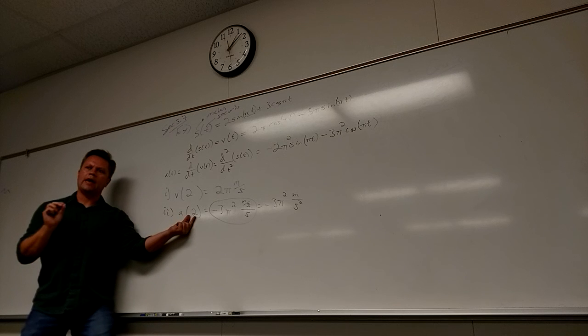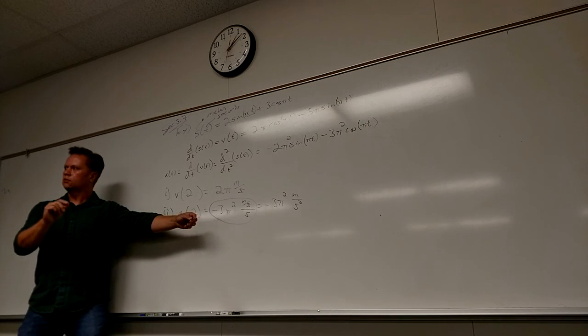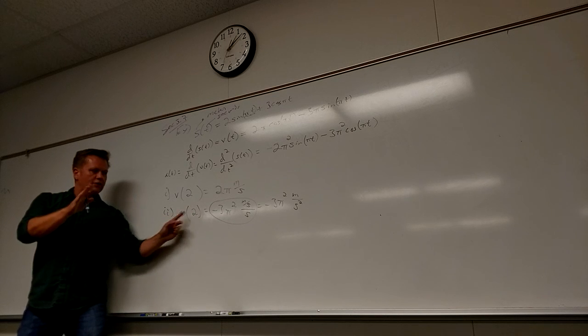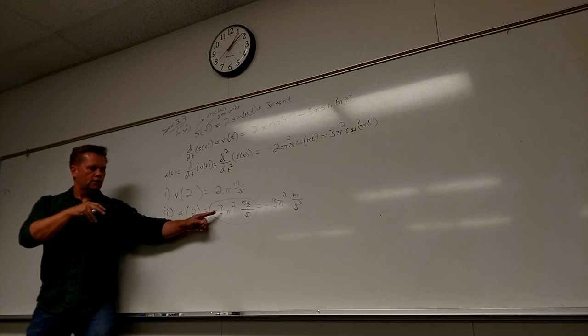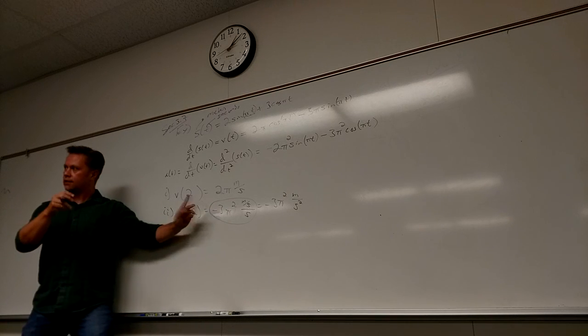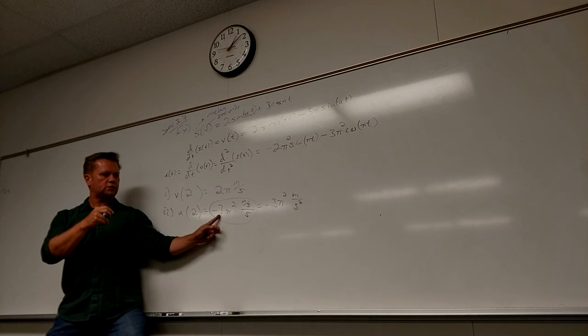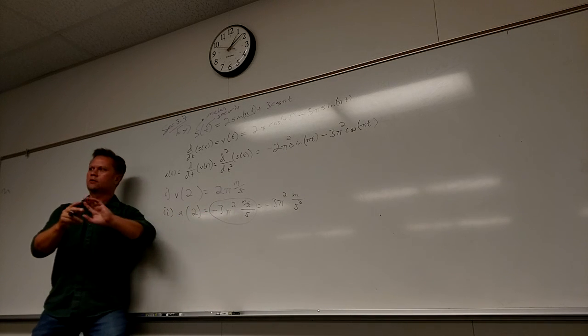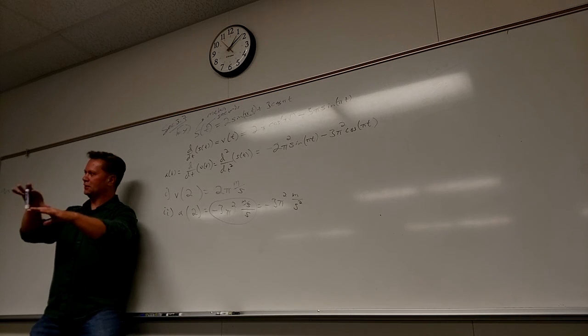The minute I go past 2 seconds, will the acceleration be the same? No. But if the acceleration did stay the same, 1 second later, I should be going 3 pi squared less. My velocity should be 3 pi squared less. That's what this says, isn't it? At 2 seconds, I'm losing this much velocity per second. So let's check.